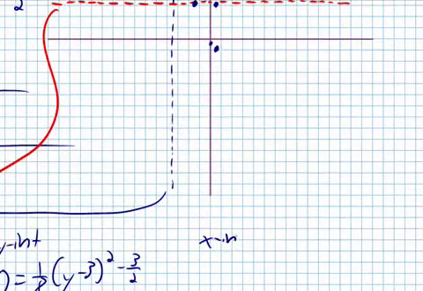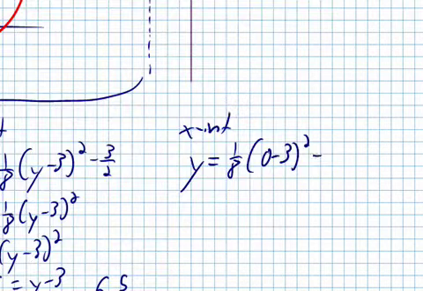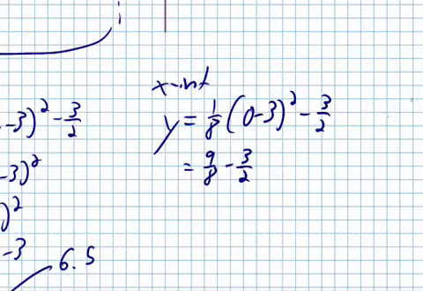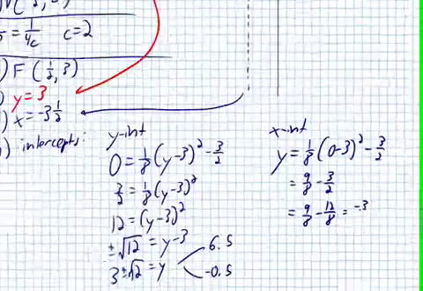Finally, our x-intercepts are where we set 0 equal to y. x is equal to 1/8 (0 minus 3) squared minus 3 halves. We get 9/8 minus 3 halves, which is 9/8 minus 12/8, or negative 3/8.